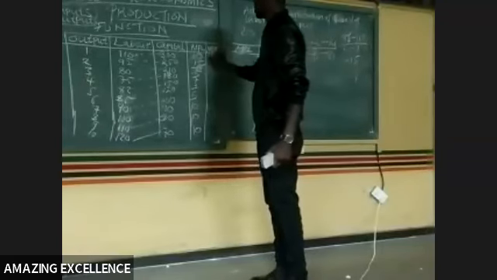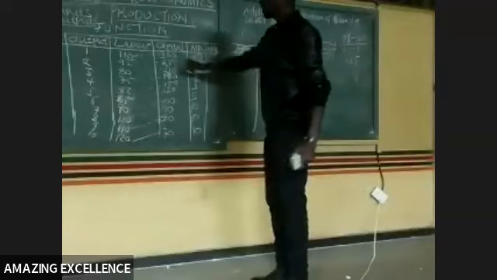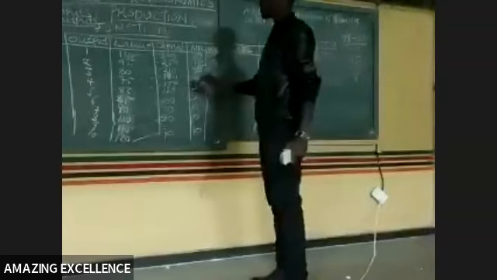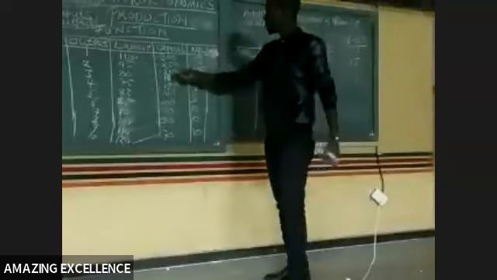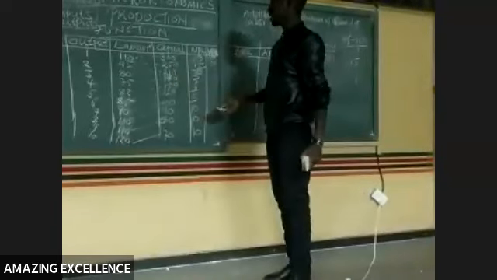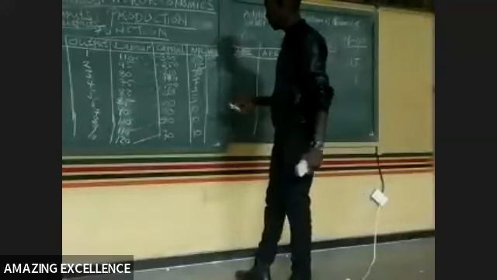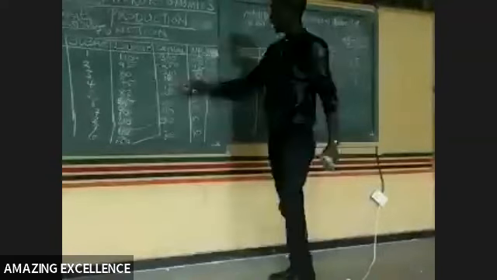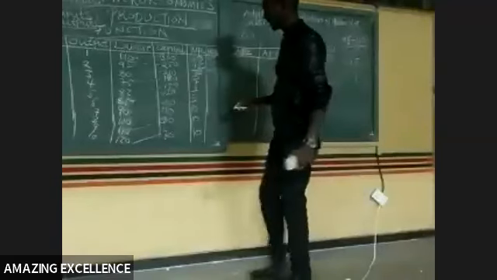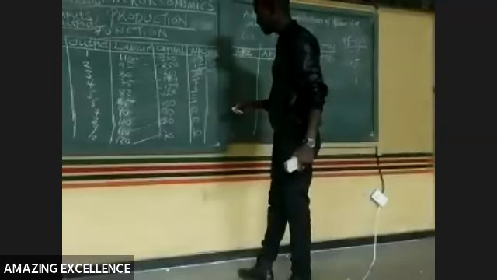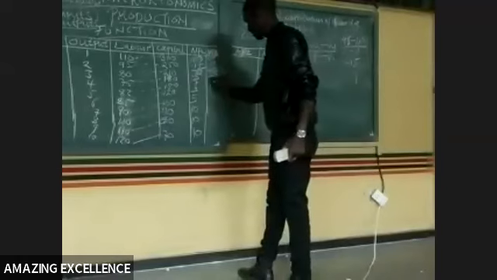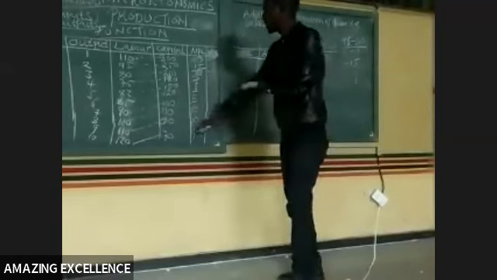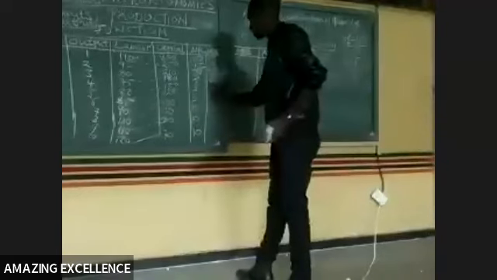It starts with 300. Then 250 minus 300 is negative 50. 210 minus 250 is negative 40. Then 180 minus 210 is negative 30. Then 150 minus 180 is still negative 30, isn't it?